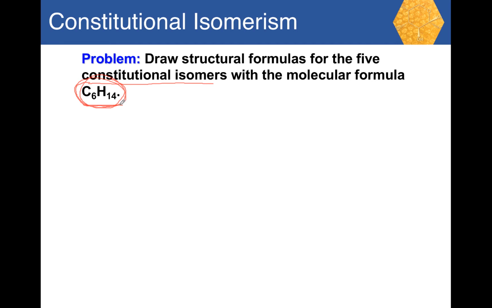So what we're asking you is essentially what we did on the previous two slides. Can you reverse your thinking and now apply that differently? So here we have C6H14. So can you draw two different molecules that have the same molecular formula C6H14, but the structure will be different? Let's see.